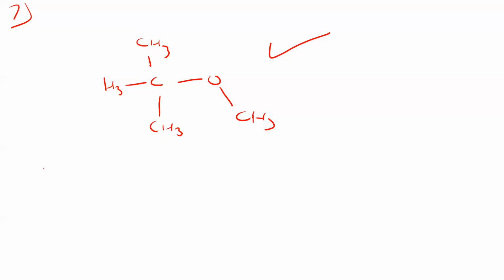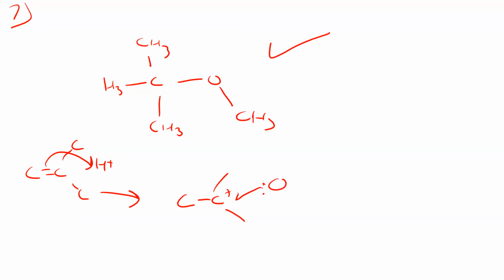And you get this because you have this right here, and this double bond is going to extract a proton. If it does that, then you're going to have a tertiary carbocation right there. This will be tertiary. Then you have this coming in here like this.